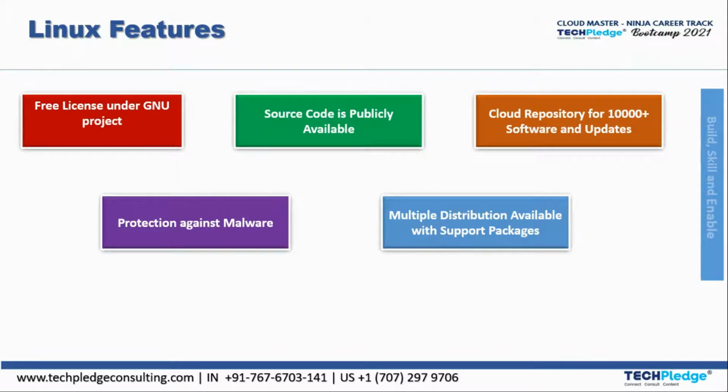So Linux has the best security features. It provides security in three ways, namely authenticating by assigning passwords and logging, authorization by setting read and write permissions, and encryption. So this all comes under Linux security. Also there are multiple distributions available with support packages. As we saw, Red Hat, Ubuntu, these are the multiple distributions.